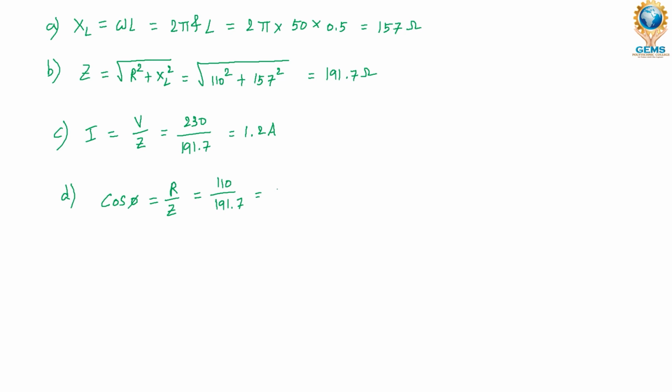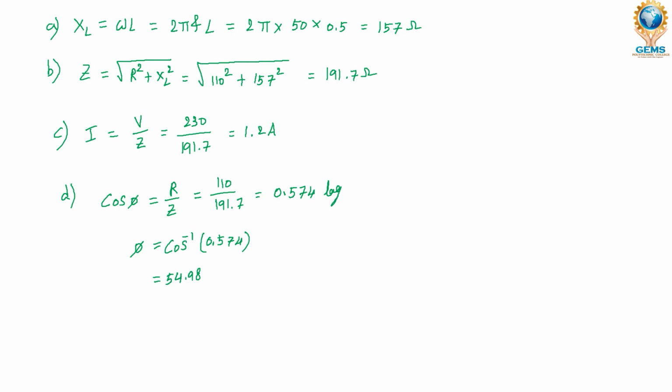From this we can get 0.574 lagging power factor. Now what is the value of phi? Phi equals, we will send cos to the other side, we will get cos inverse of 0.574. Then we will get phi value, that is phase angle is 54.98.